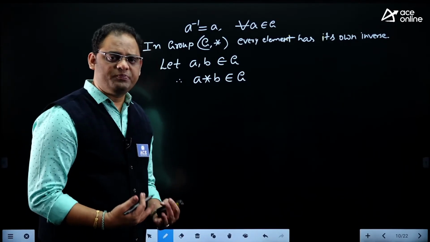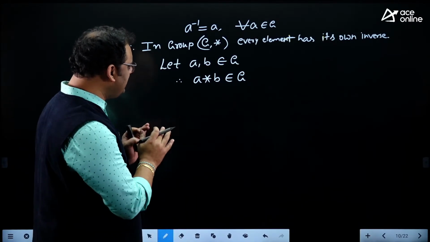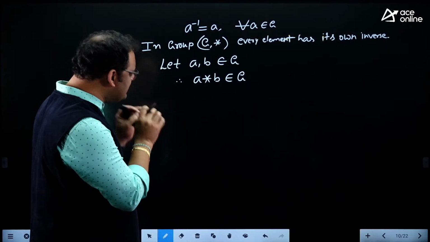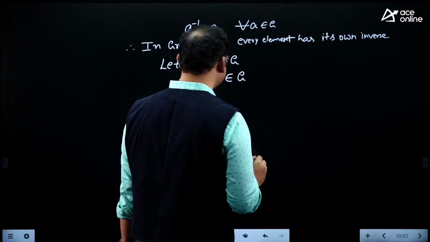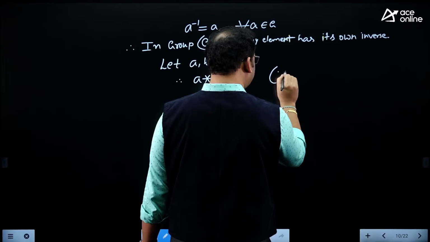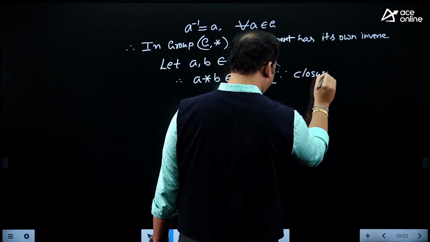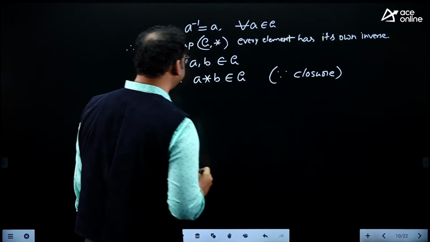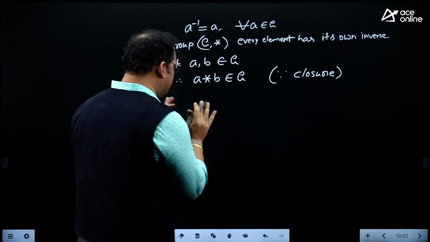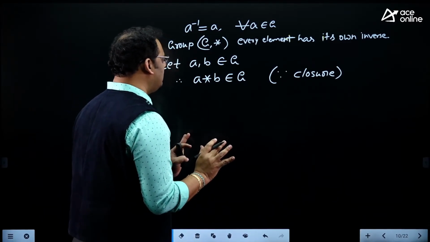It follows closure property. It follows closure property means that definitely if you take any two elements, their star operation definitely belongs to the same set. A star B belongs to G. I can say that because given G is closed, or because of closure property, since G is closure. Okay, sir. I confirmed that A star B is one element in the given G.